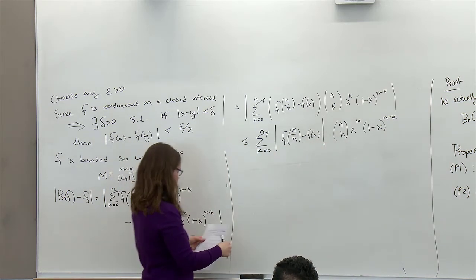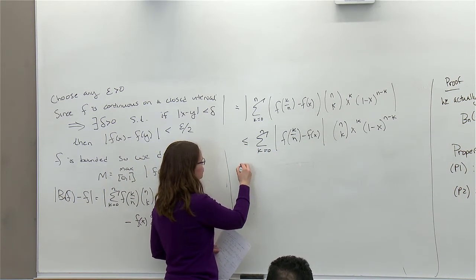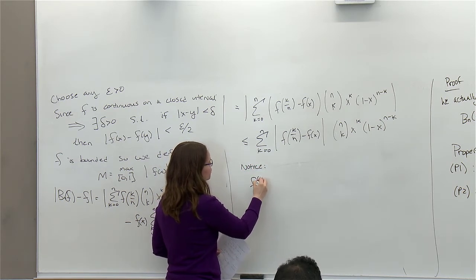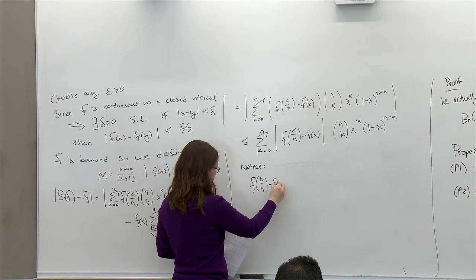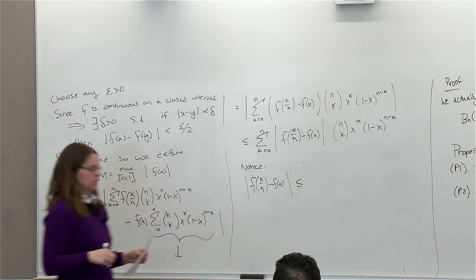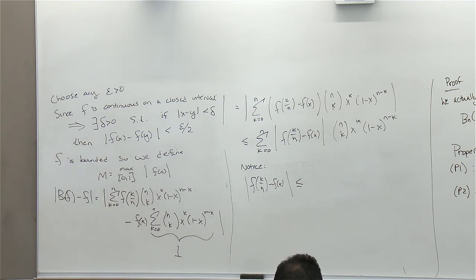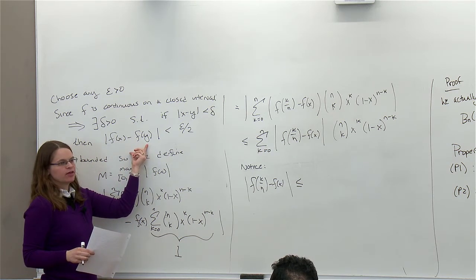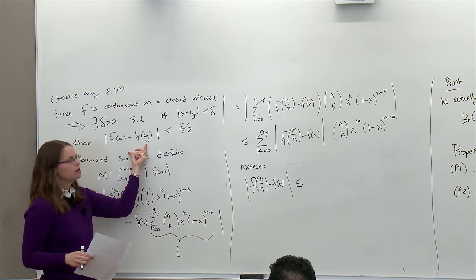Okay, so let's look at this difference. Let's just notice f of k over n minus f of x. We want to bound this. Now, under some situations, we can make this less than epsilon over 2, right?